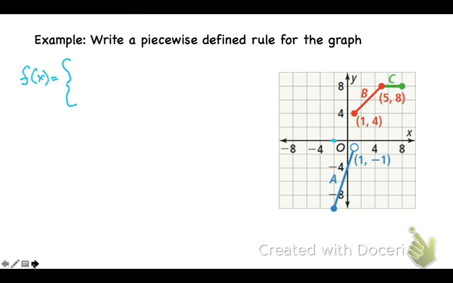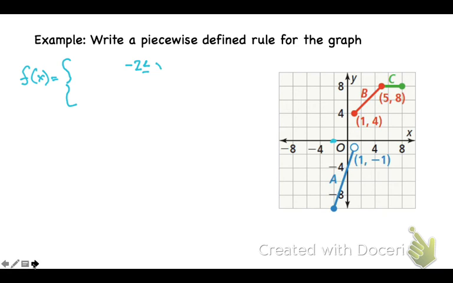Right on the blue dot on the screen. Negative 2. So it's going to be negative 2. Is it going to be equal to or not equal to? Look at the dot. It's equal to. Why? The dot's filled in, yes?